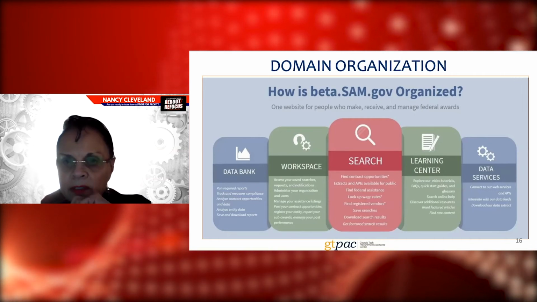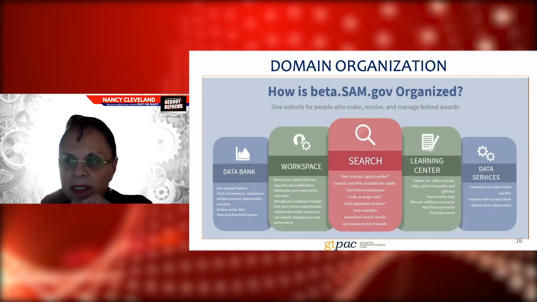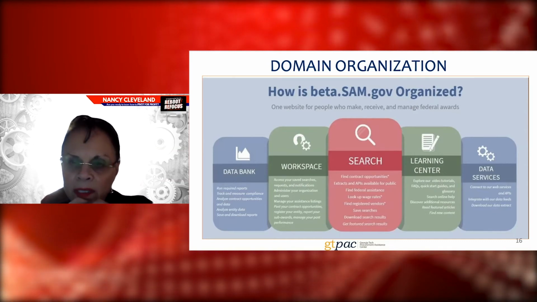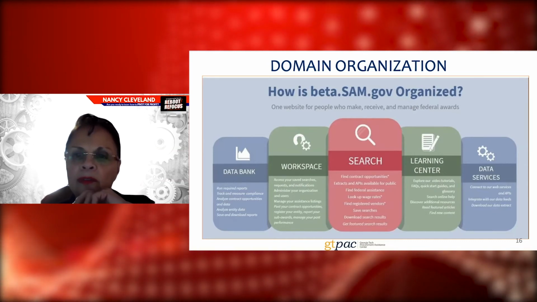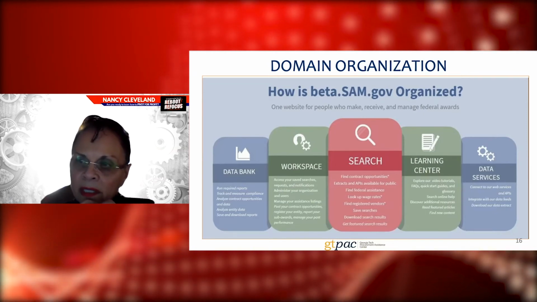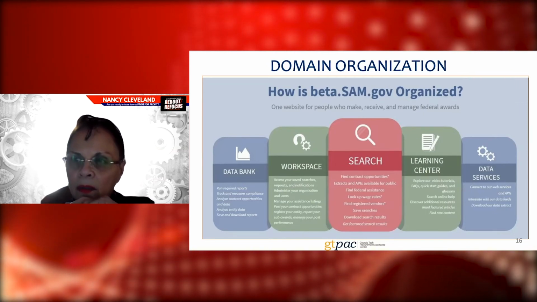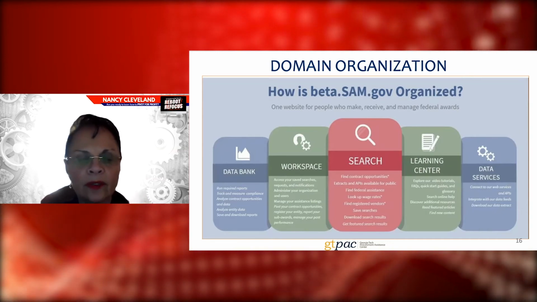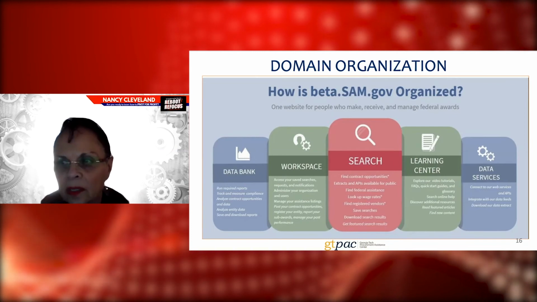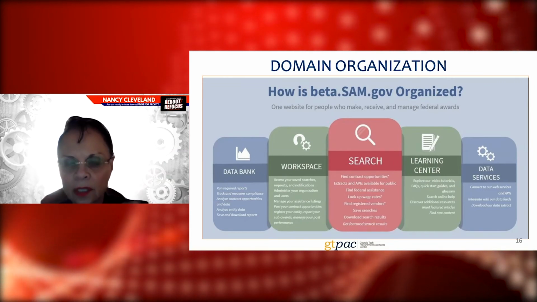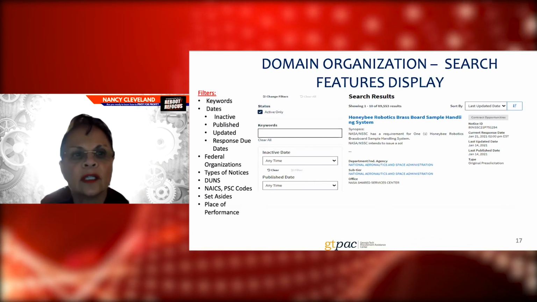The learning centers are really good because for each of the different domains, they enable you to learn more about how to navigate through those domains, either by quick guides or tutorial videos. And then your workspace. Workspace is yours to use. Let's just talk about the search function.